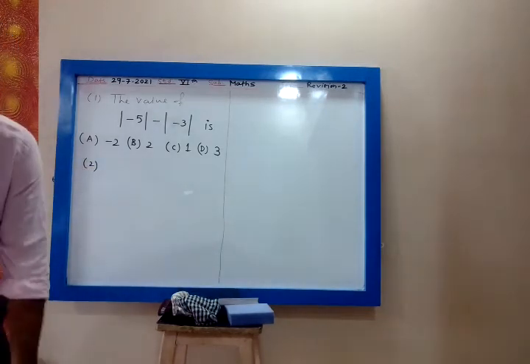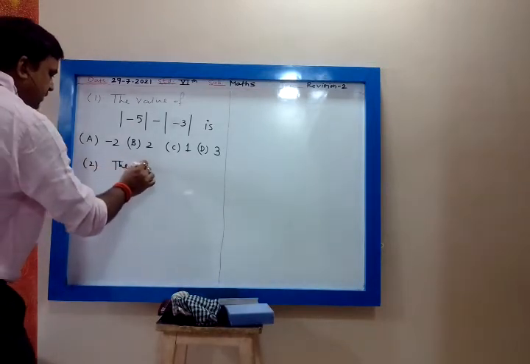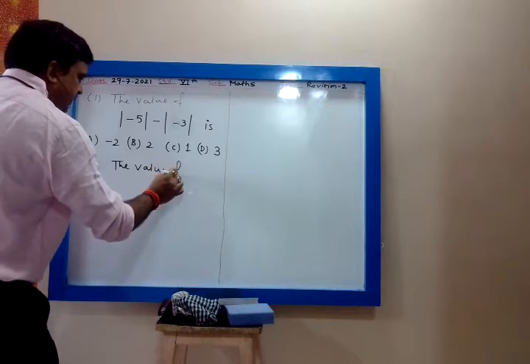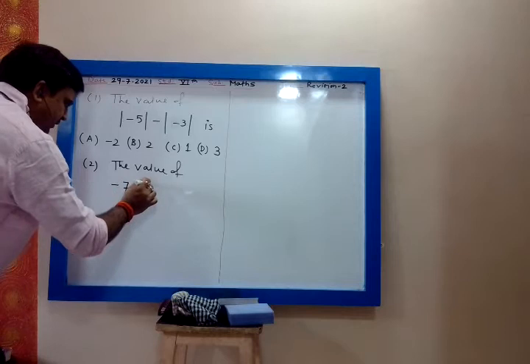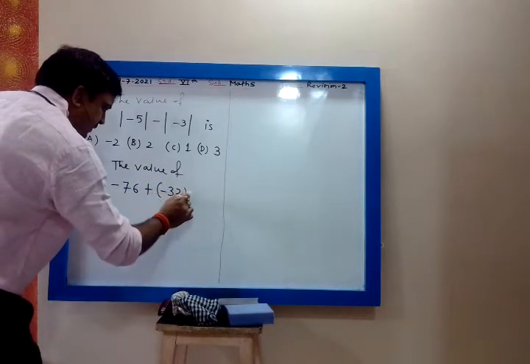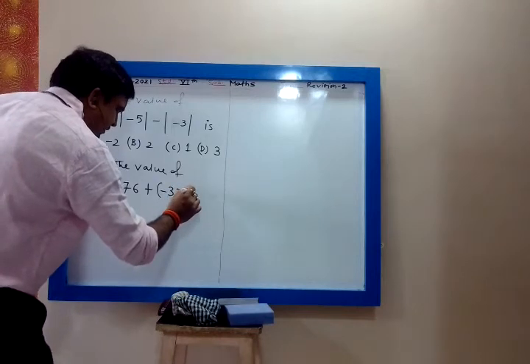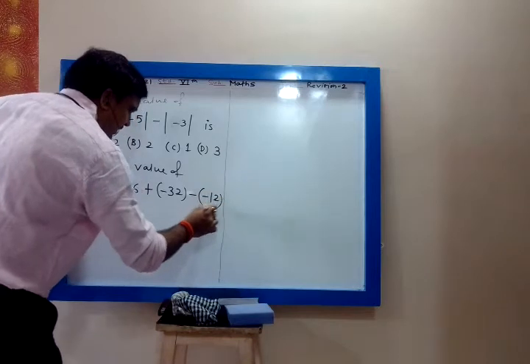Then second, the value of -76 plus -32 minus -12 is.